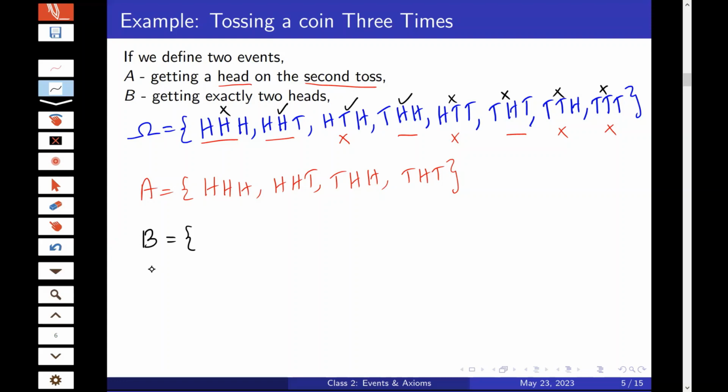So there are only 3 outcomes with exactly 2 heads. That's how you can write down the items in an event.